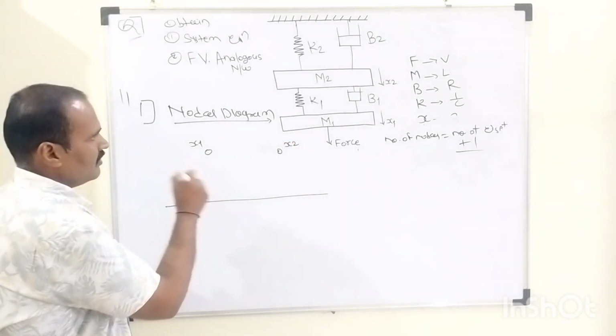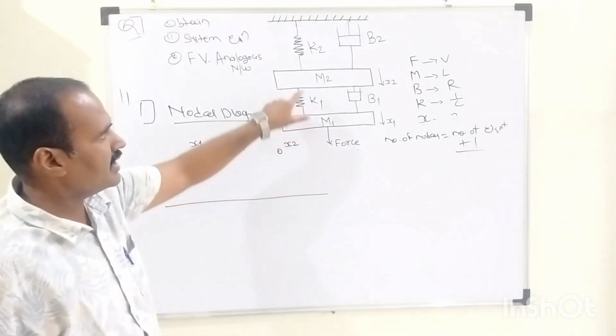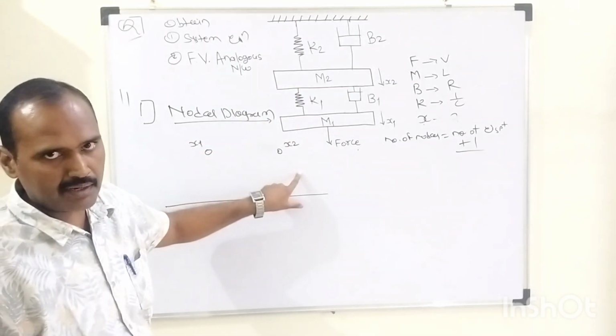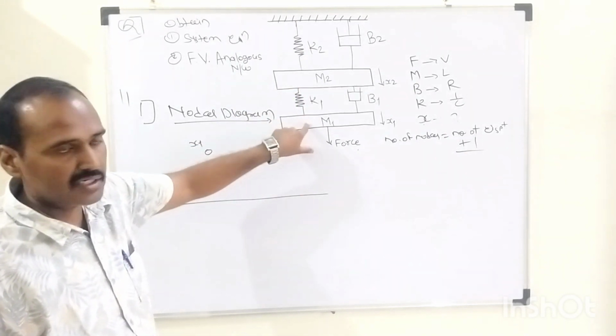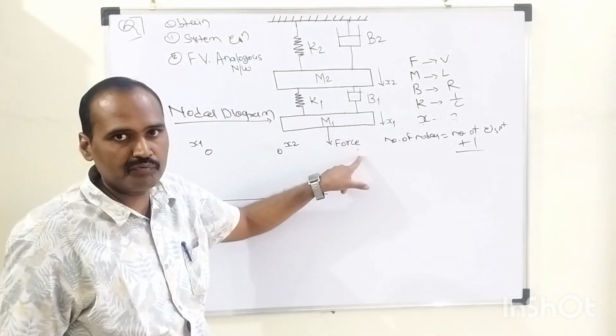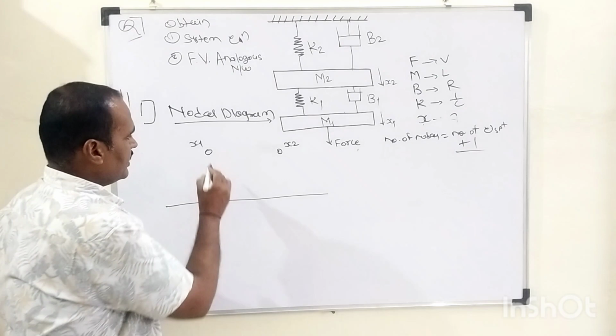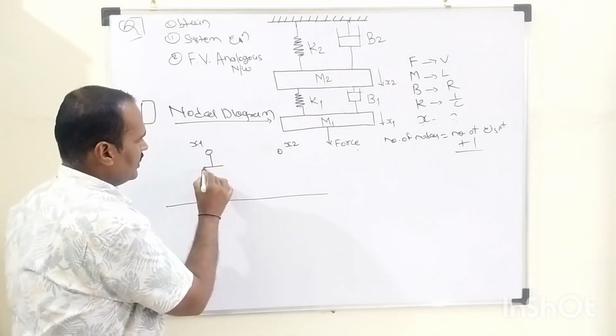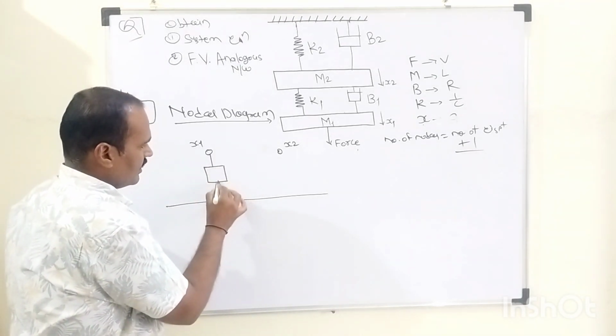First of all, we need to indicate how M1 and M2 are connected in this nodal diagram. M1 is associated with the reference axis and displacement number 1 as a result of the applied force. So M1 is connected in between displacement number 1 and the reference axis.